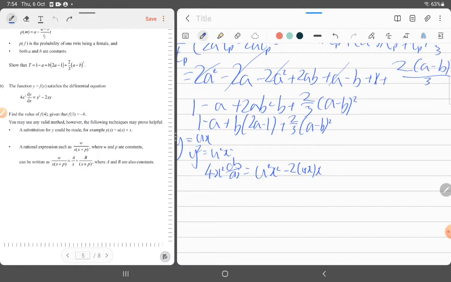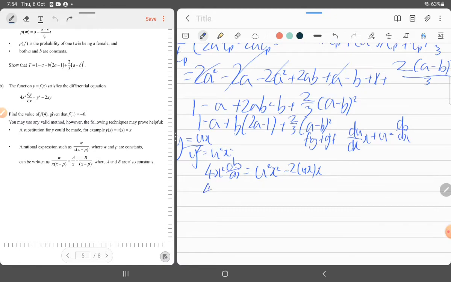Then we can differentiate this. Using product rule, the derivative of u we can get by implicitly differentiating. So we differentiate in relation to x, so du over dx times x plus u is equal to dy over dx.